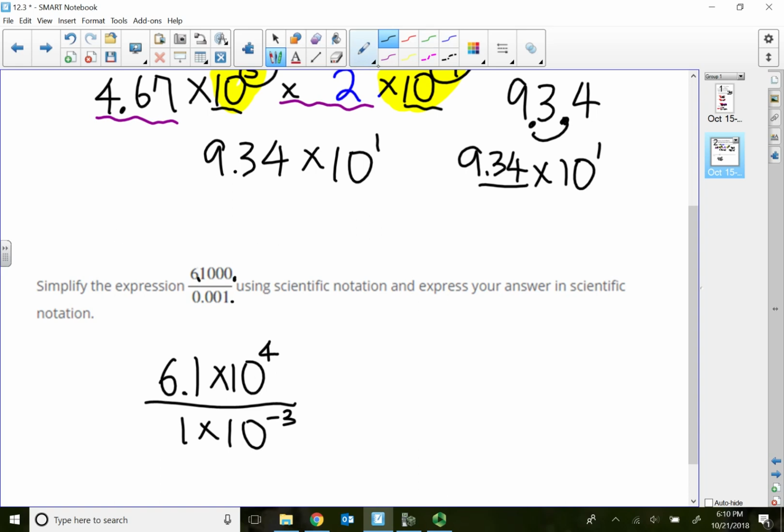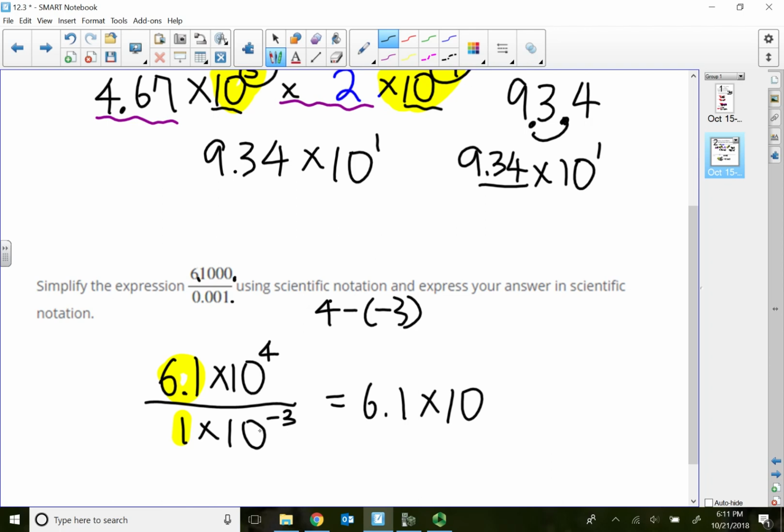Let's do the numerical part, then we'll do the exponent part. What's 6.1 divided by 1? Still 6.1, right? Times 10 to the, when the bases are the same and the bases are dividing, we subtract the exponents. When subtracting exponents, it's always the top exponent minus the bottom one.